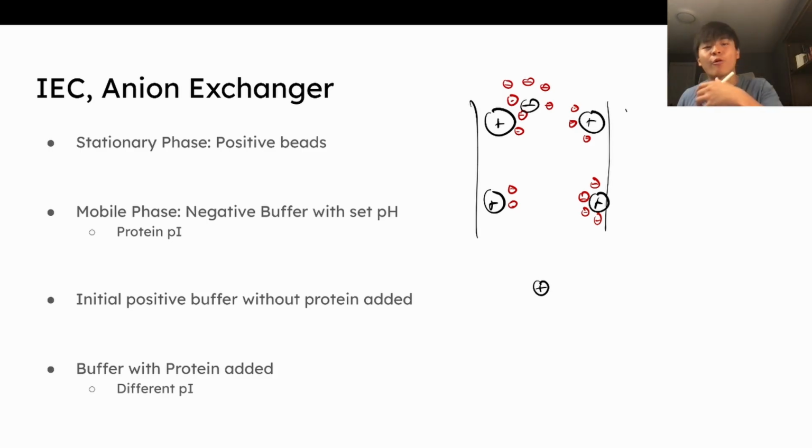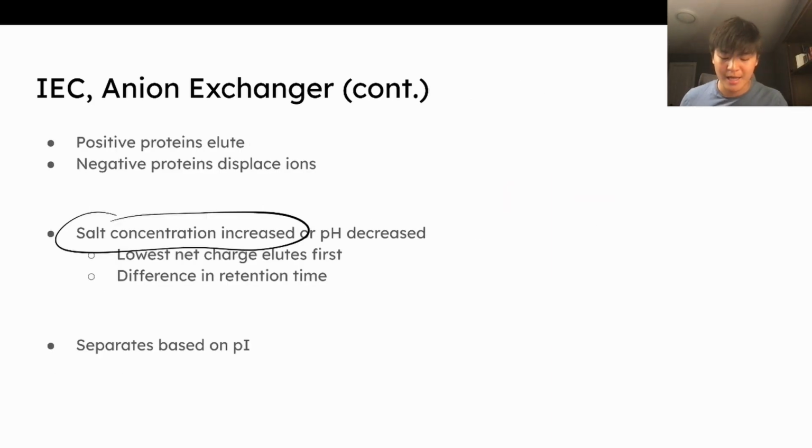They will compete more with the negative charge, and the proteins that aren't very net negative are going to get evicted, whereas the very negative proteins will stay on a bit longer. And so that's one way of differentiating retention time.